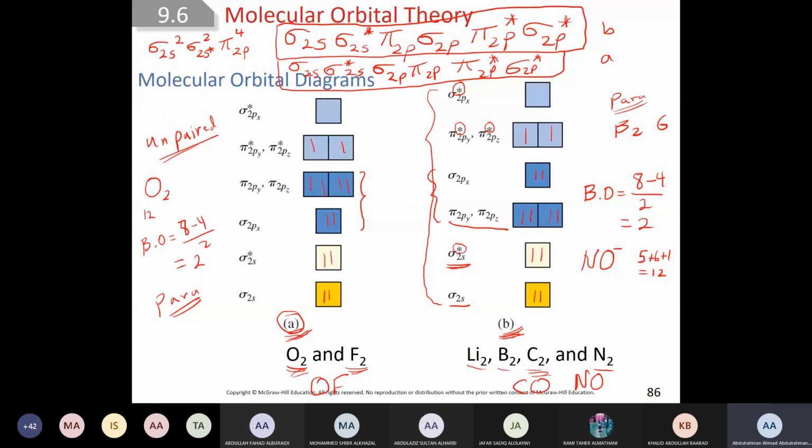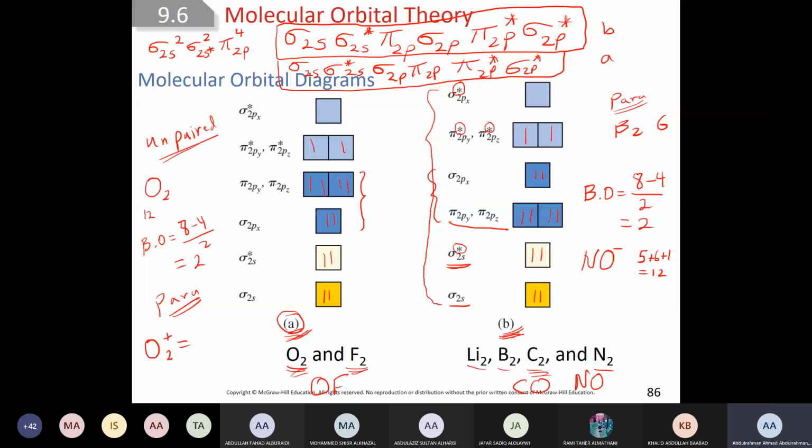Next, let me ask you a simple question. I want you to tell me what's the bond order for O2 plus? O2 plus means what? We took 1 electron, so we have 11. This means we lost 1 electron.